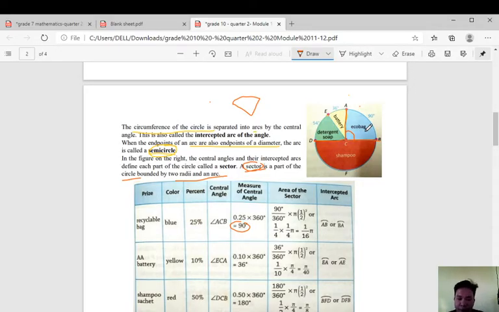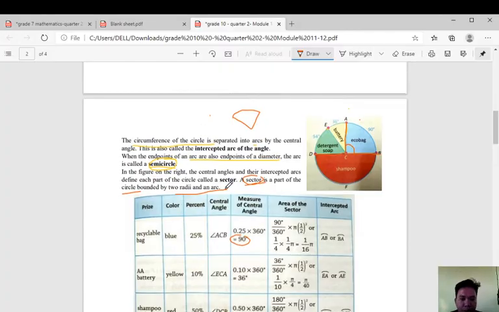Okay, how to find the area of this sector? So just get the ratio of the central angle to the angle that is formed in a circle, which is 360 degrees, times pi r squared.